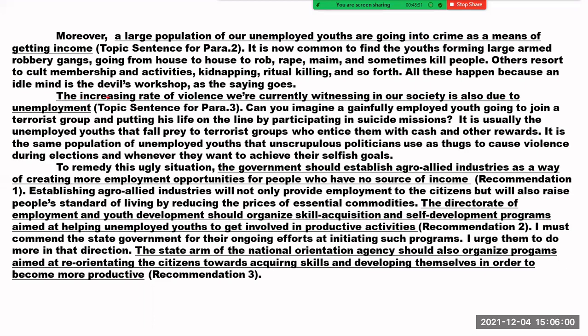Okay, so this is the point in a topic sentence here. The increasing rate of violence we are currently witnessing in our society is also due to unemployment. You see, you are saying that that's another critical effect of unemployment.